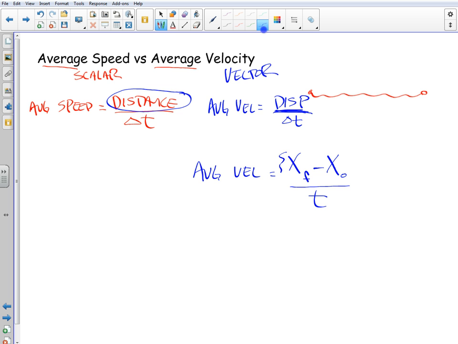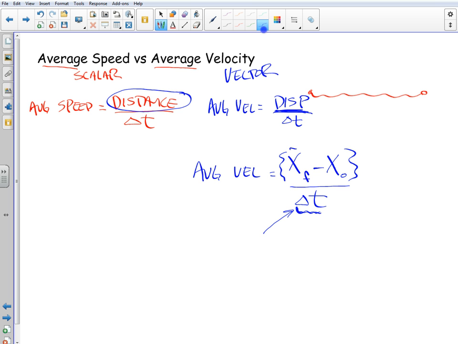So notice it is exactly what it says it is: displacement divided by the time it took. But what if this change in time, what if I shrink that down to a second and then a half a second? What happens as the time I consider gets smaller and smaller?